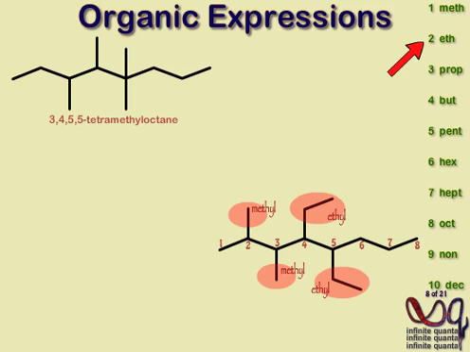So E is before M. So you say 4, 5, always name the positions, diethyl. Okay, positions of the ethyls, di for 2 of them, total, dash, 2, 3, dimethyl, and then the root is octane.